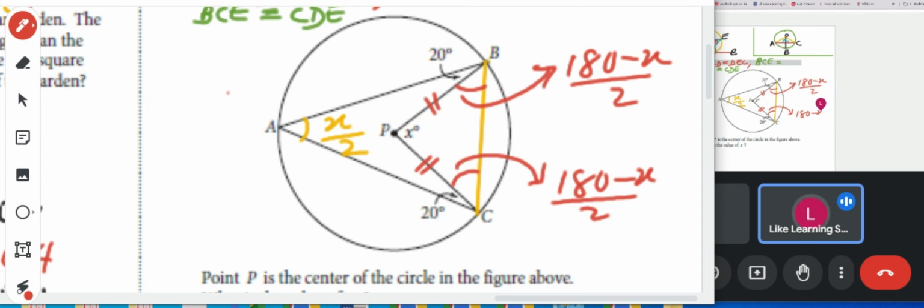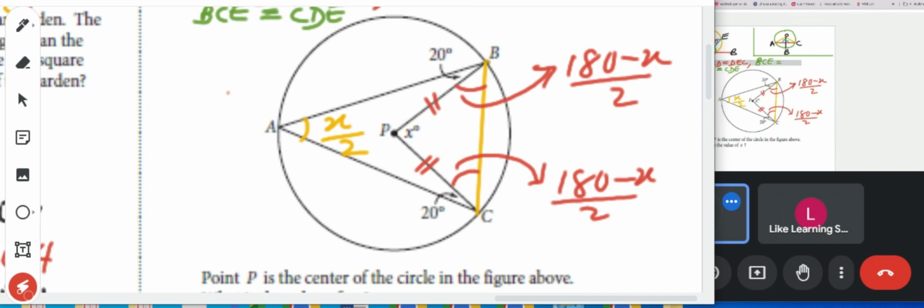And just use a number to make it come alive. Assuming this was 80. Just assuming this is 80. Are you listening to me? Yes, sir. If this is 80, everything in this triangle BCP sums up to 180.